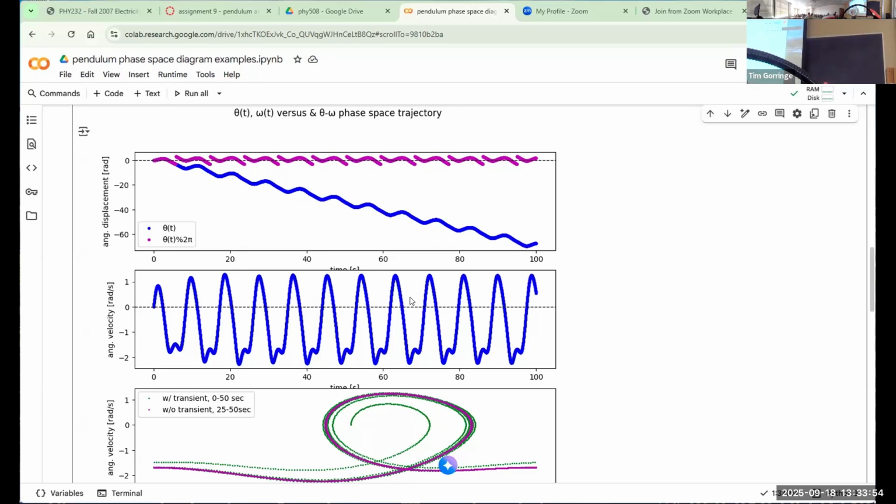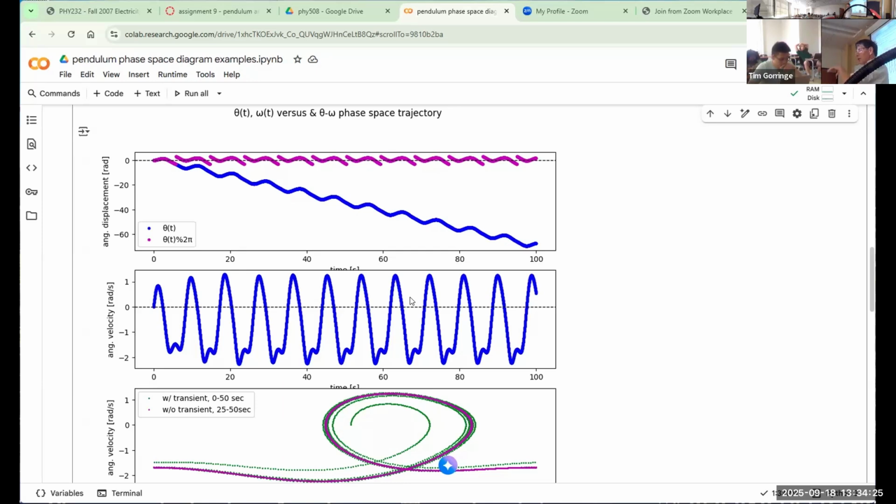In the plot of angle theta versus time, the blue is the original theta coordinate that runs from minus infinity to plus infinity. So if the pendulum loops the loop in the positive theta direction, then that coordinate will increment by 2 pi.